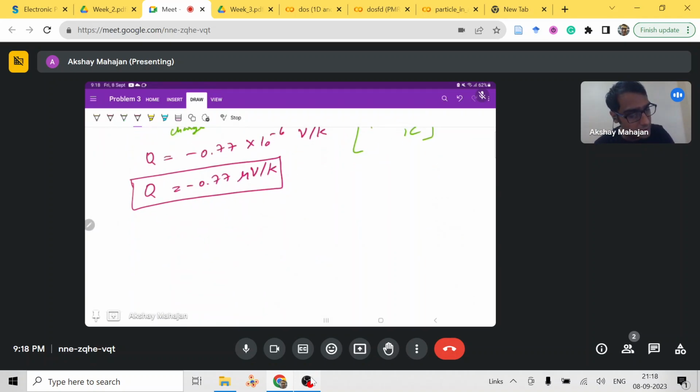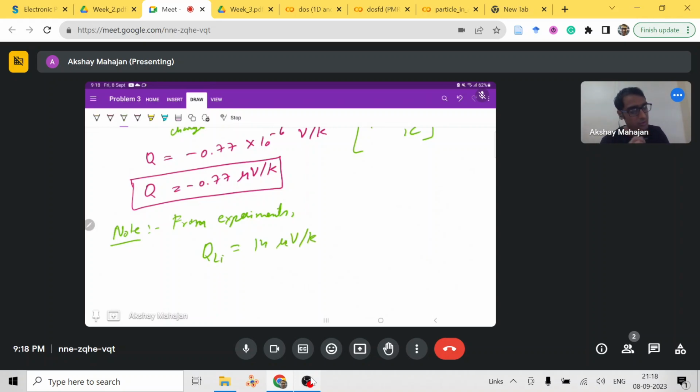And just a quick note now, note that from experiments we can measure this Q for lithium actually comes as 14 microvolt per Kelvin.